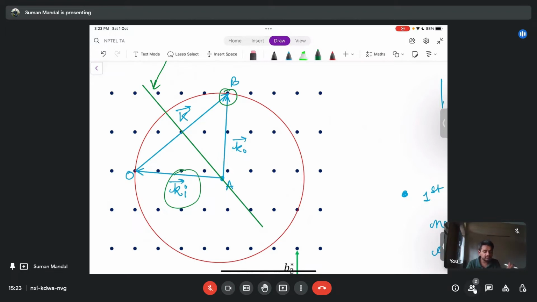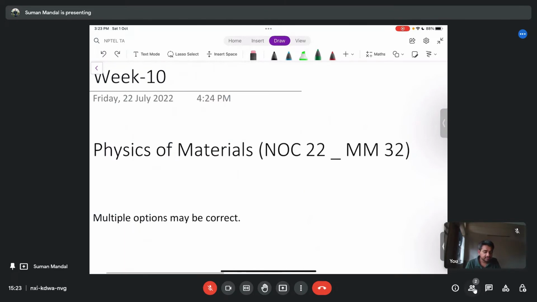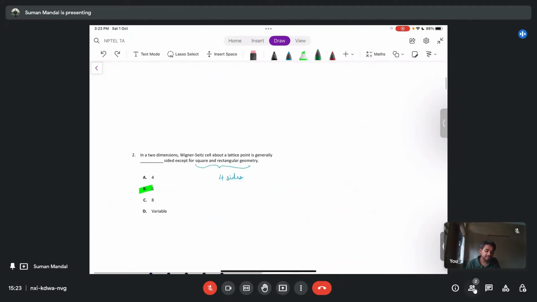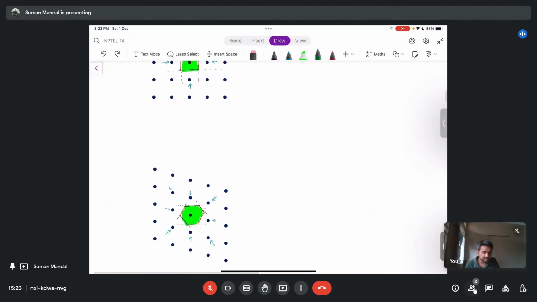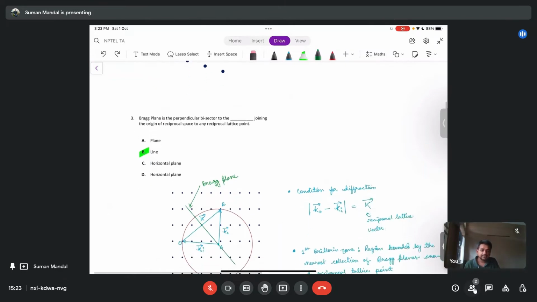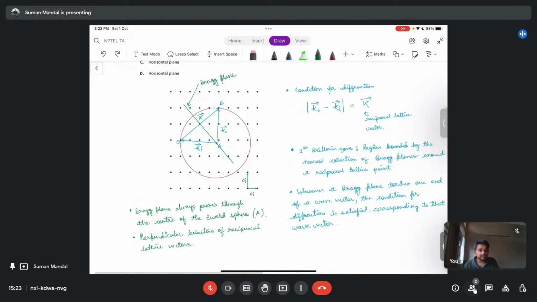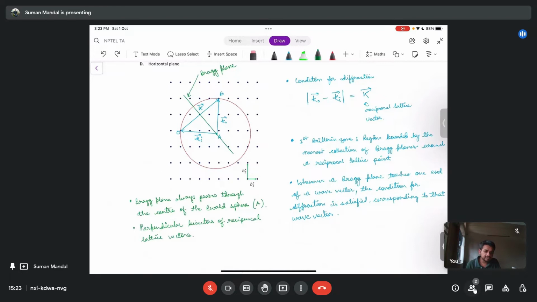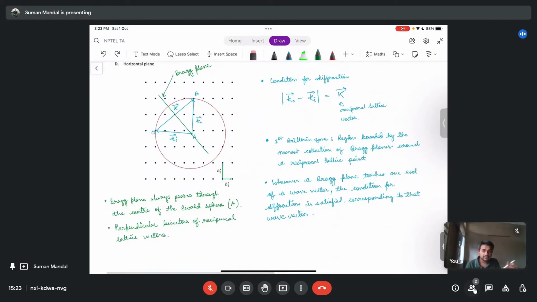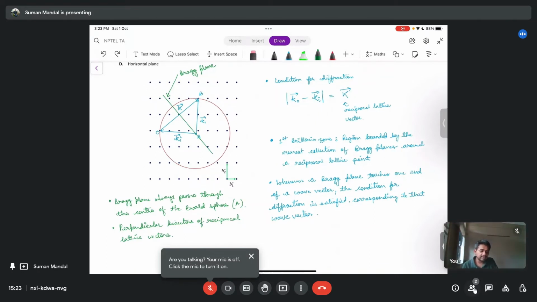This is just by geometry considerations: if the Bragg plane touches the end of a wave vector, and it passes through the center, and we draw the Ewald sphere, and the diffraction is satisfied, then the outgoing wave vector must touch a reciprocal lattice point. This is why the concept of Bragg plane is important, and we will be reading about it.